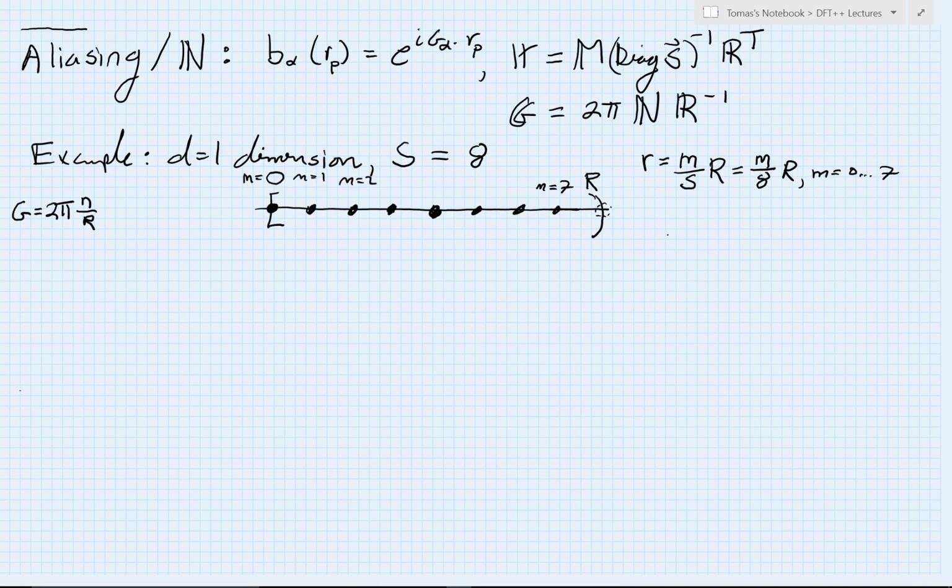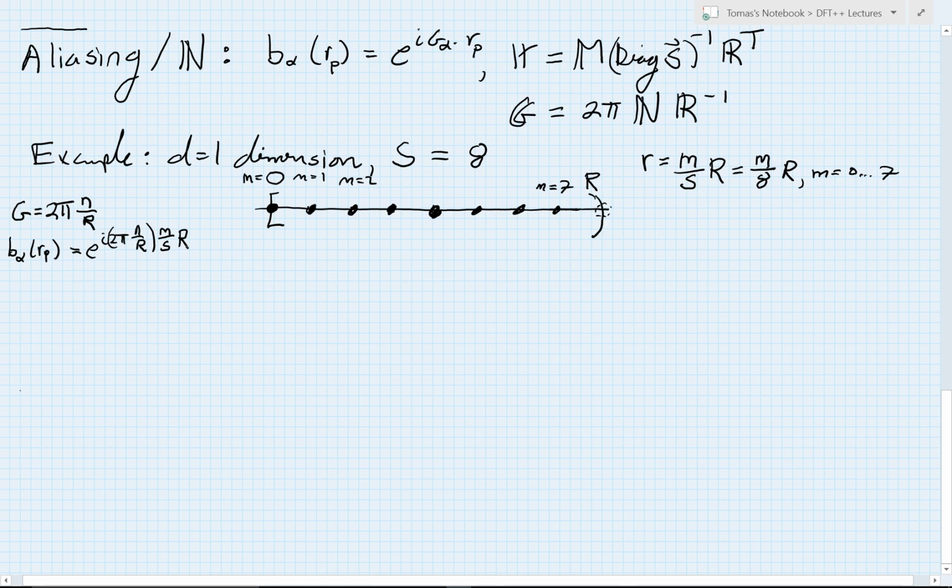Maybe I'll squeeze it over here. So if I want to put B alpha at RP, that should equal e to the I g dot r. So it'll be e to the I 2 pi n over r. That is g from the formula here. And then RP, my sample points, follow this formula, m over the size s times r.